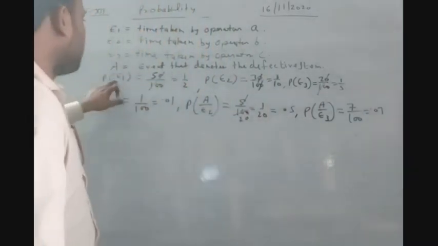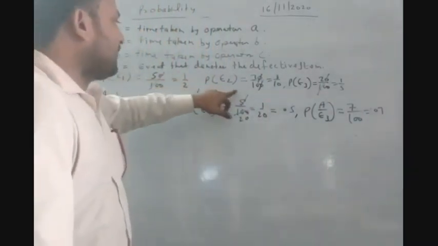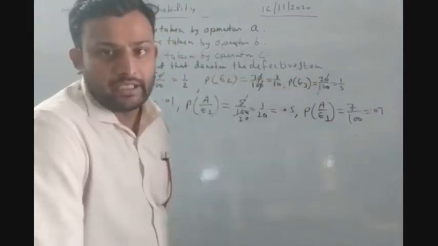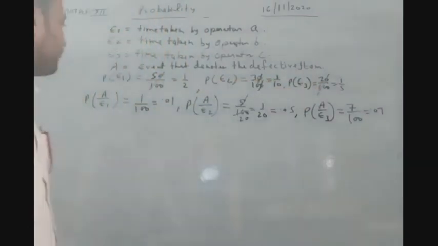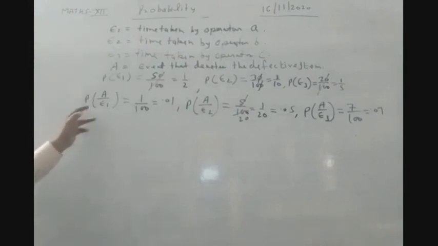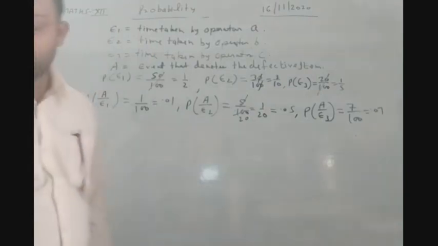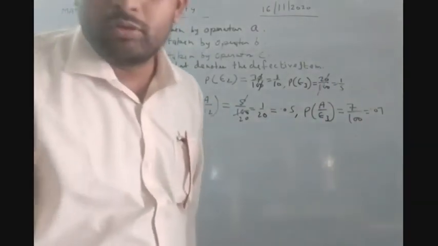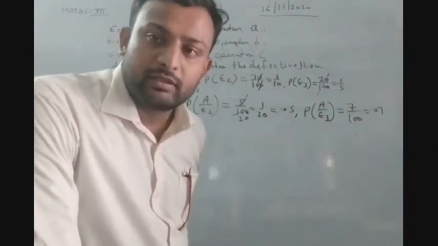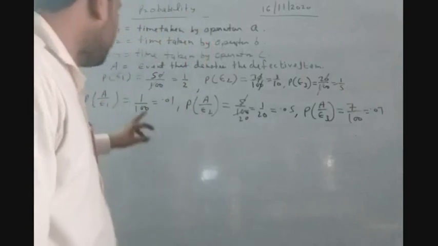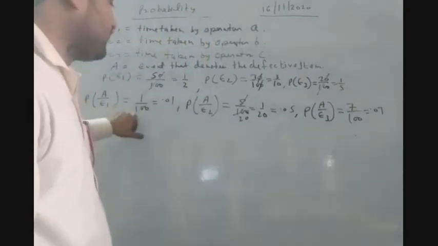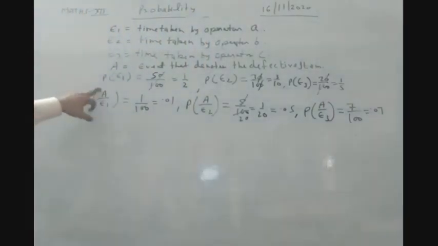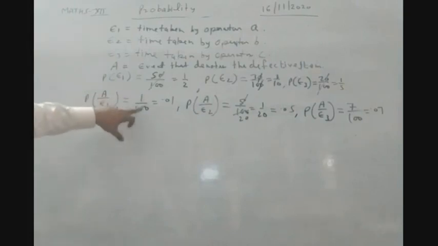So we take the probability of E1, probability of E2, probability of E3, which is 1 by 2, 3 by 10, and 1 by 5. Now we are given the probability of A by E1, meaning operator A produces defective items, 1% defective items. So probability of A by E1 is 1 by 100, that is 0.01.